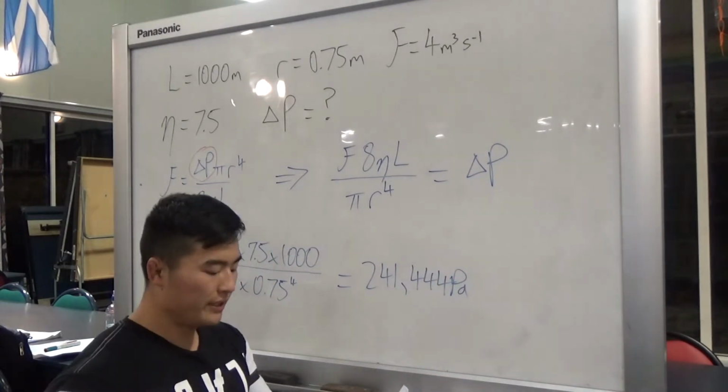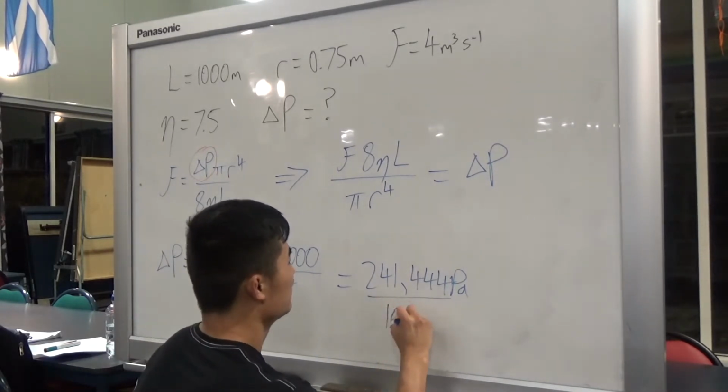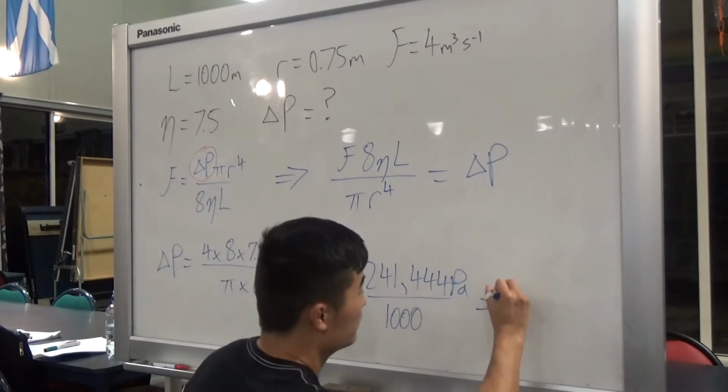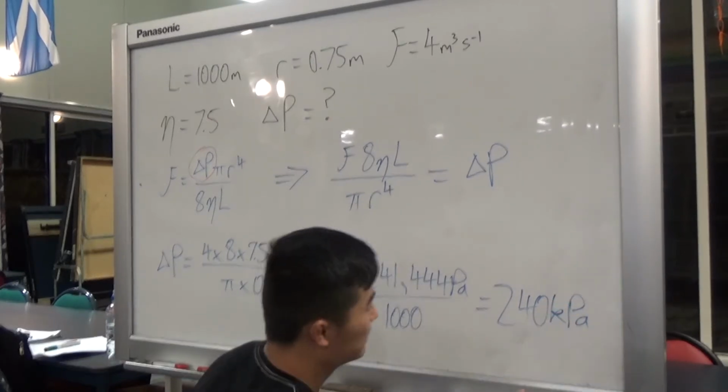So you want to turn that into kilopascals, so you're going to divide that by 1,000, and that will give you 240 kilopascals.